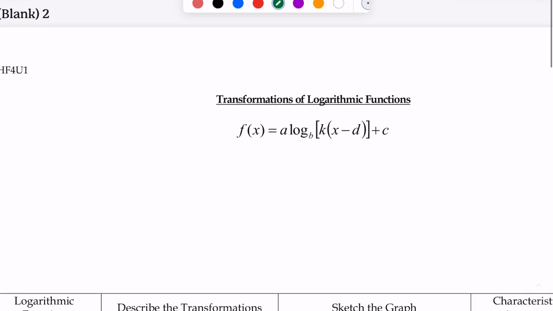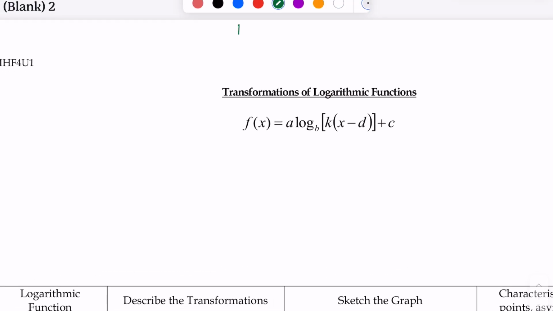When we do trig functions, we've had these A, K, D, and C transformations, like where you had y is A, for example, sine, and then K, x minus D plus C, right? So we've seen all of these transformations before. They are identical to logarithmic functions.